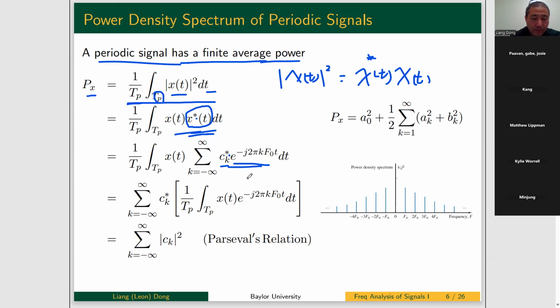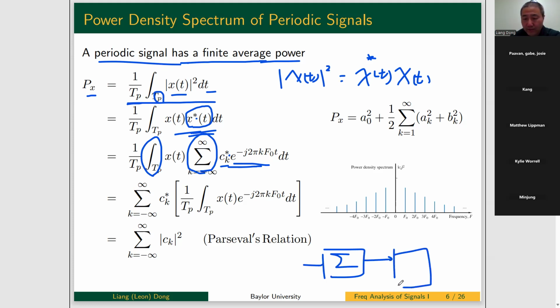Then I swap the order of this integration and summation, because integration and summation are both linear operations. I go through a summation first, and then through the integrator, which is also a linear operation, so I can swap the order of these two boxes.